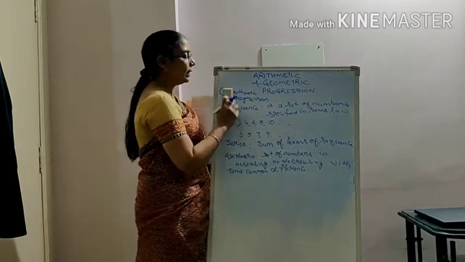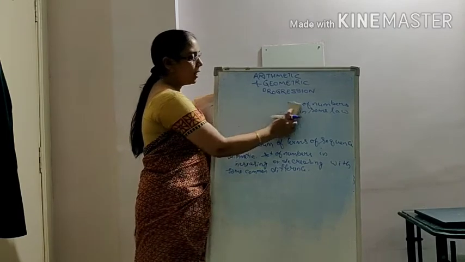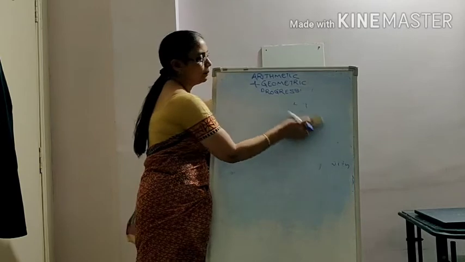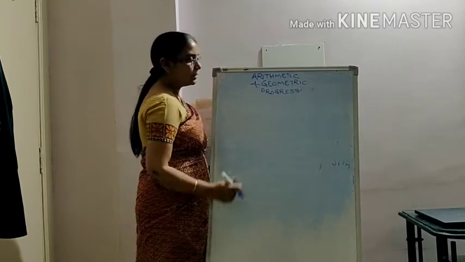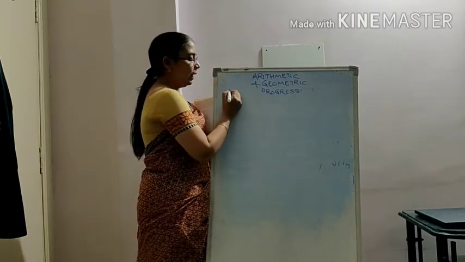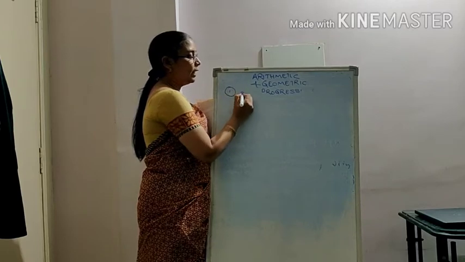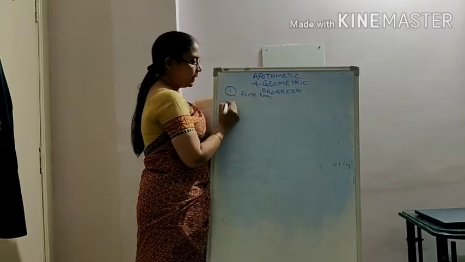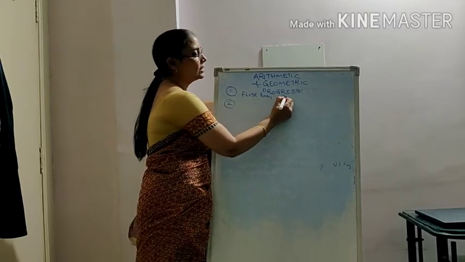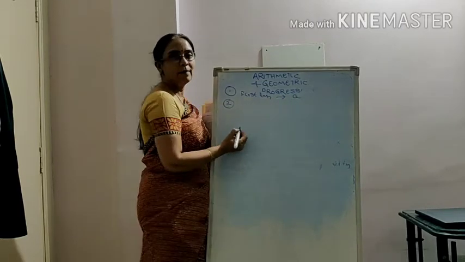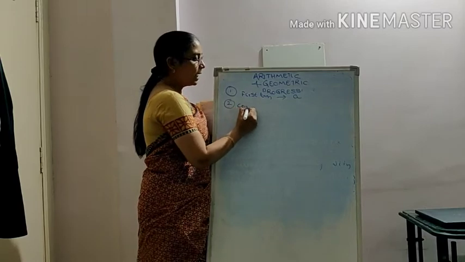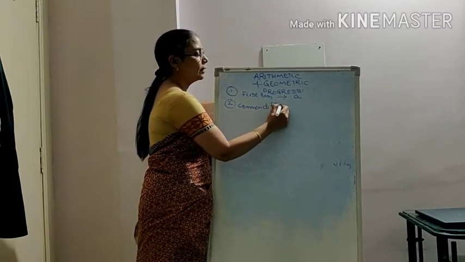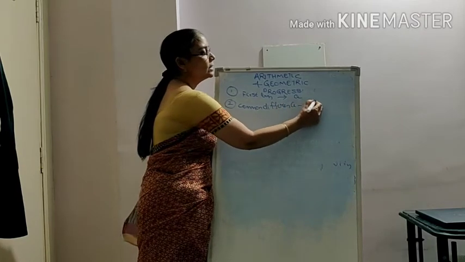Now, in this arithmetic progression, what are all the things we are going to study in today's class? The first thing is the first term, which is represented by A. Then the second one is the common difference, which is small d.